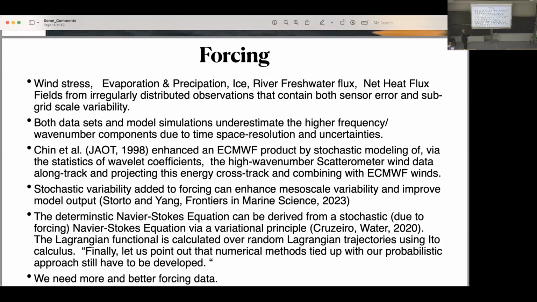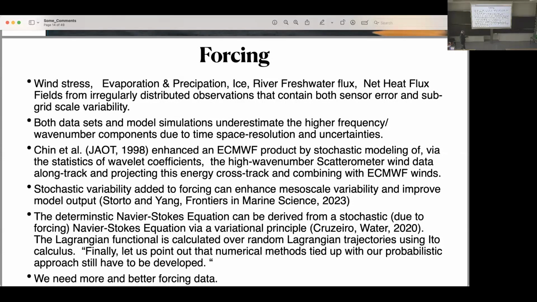And from that, they were able to generate a stochastic component where they projected the high frequency, high wave number information along track over the domain, and then put it together with the reanalysis. And it produces a wind field that energetically is more like the real world than any of the reanalysis products.